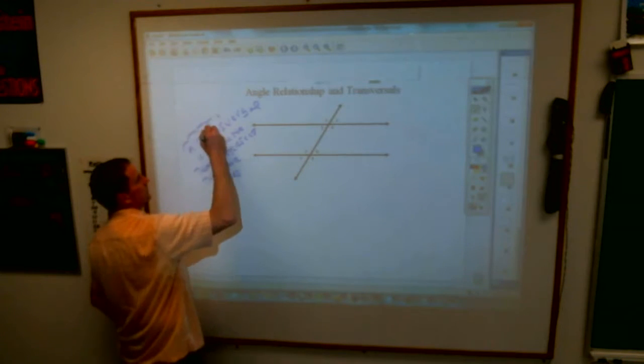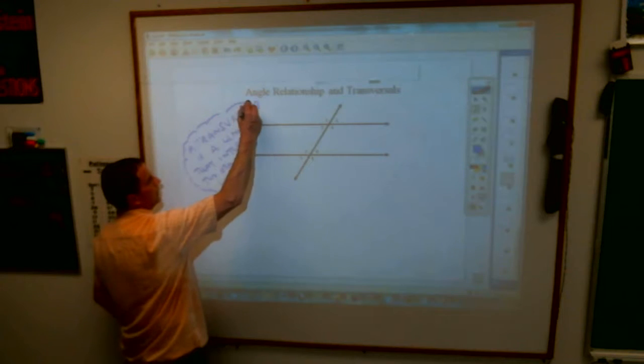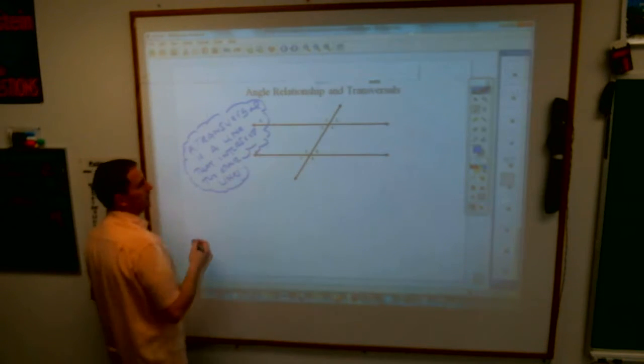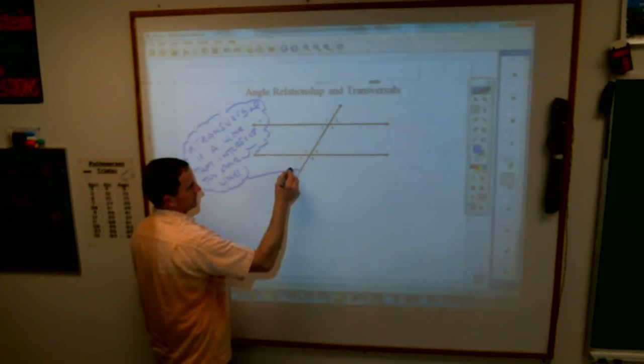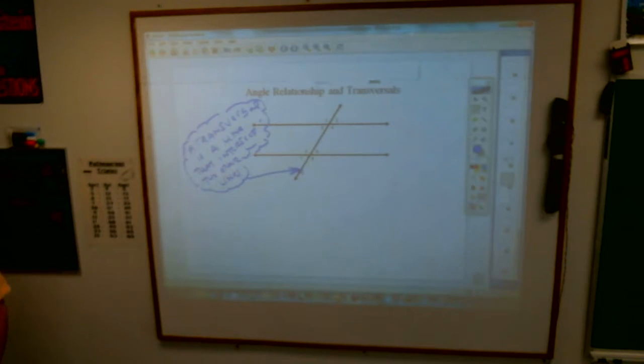A transversal is a line that intersects two other lines. So in me drawing right here, this is the transversal right there. That one is the one that intersects two different lines. And there's a lot to talk about here, and we have to define it here.